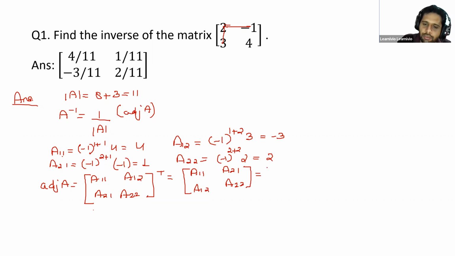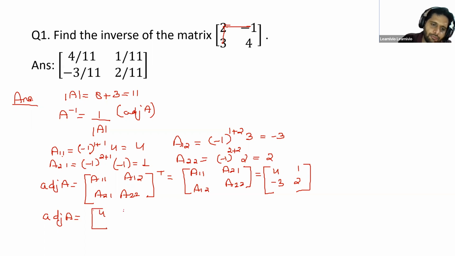Okay, now put the values over here. So you will get A11 is 4, A21 is 1, this is -3, and this is 2. So adjoint of A, okay, no issue. Okay, Shravya. So we get this one: 4, 1, -3, and 2.